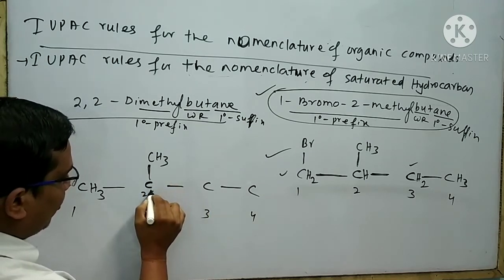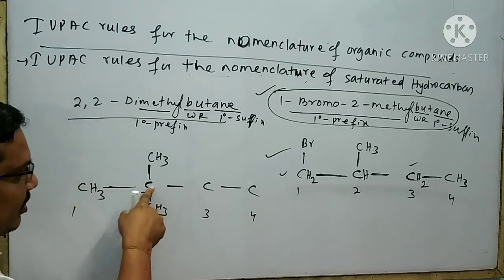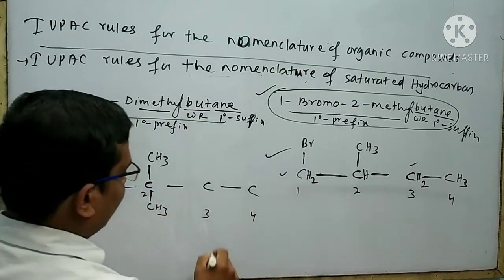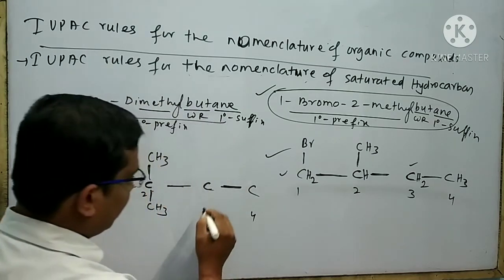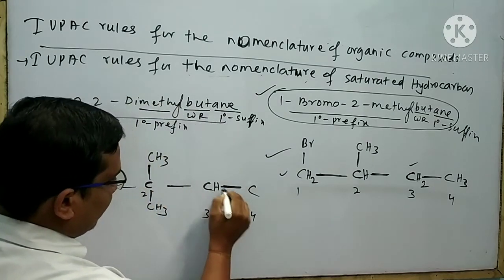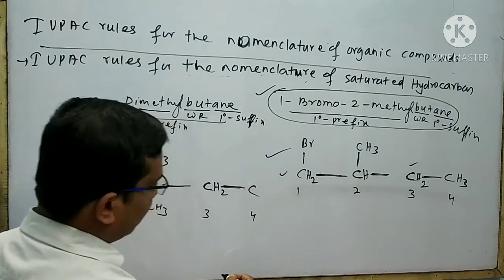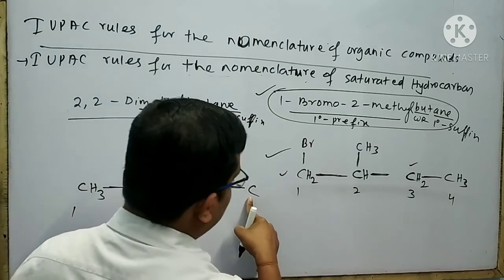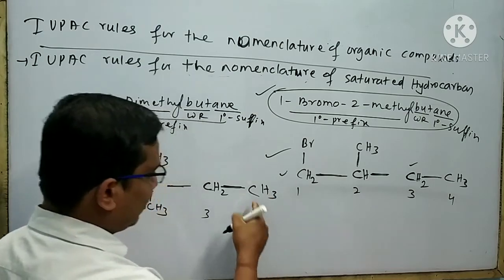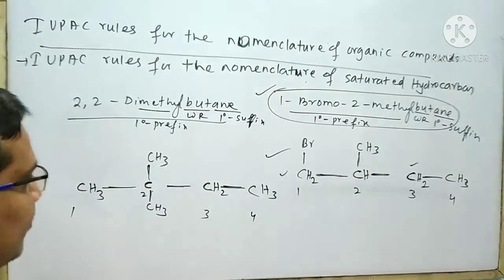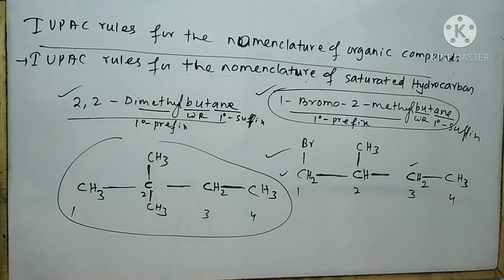Here 4 covalent bonds are present, so it is not necessary to write any hydrogen atom with this carbon. Look at this carbon atom. Here 2 covalent bonds are present, so it is bound to write 2 hydrogen atom with this carbon atom. Look at that. Here 1 covalent bond is present with this carbon atom, so it is bound to write 3 hydrogen atom with this carbon atom. Finally, I got the structure of this organic compound.